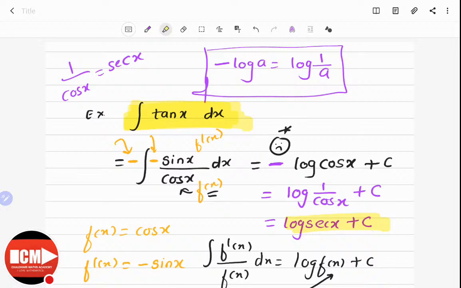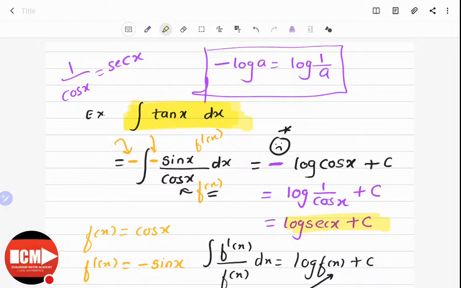So integration of tan x is log of sec x, and as I already promised you, we are going to derive these four important standard integrals today itself. That is integration of tan, integration of cot, integration of sec x, and integration of cosec x.